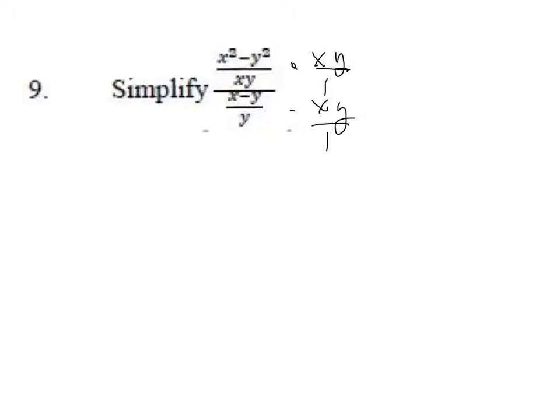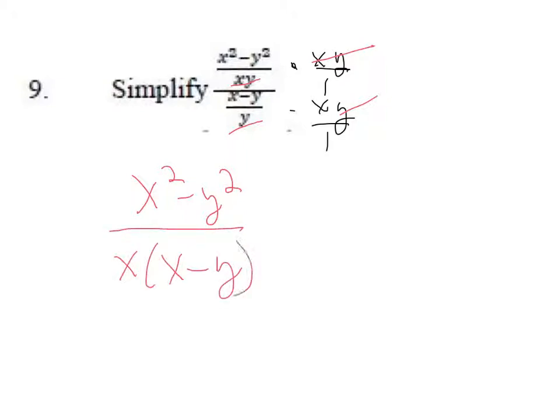What that'll do is that'll clean that out, and in this one it'll clean out the y's. So what I'm left with is x squared minus y squared over x times x minus y. Okay, you see how I got rid of the compound fractions this way.